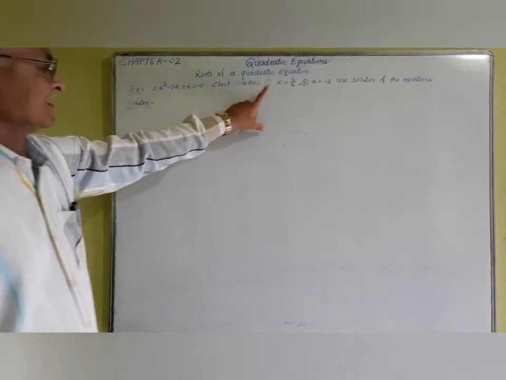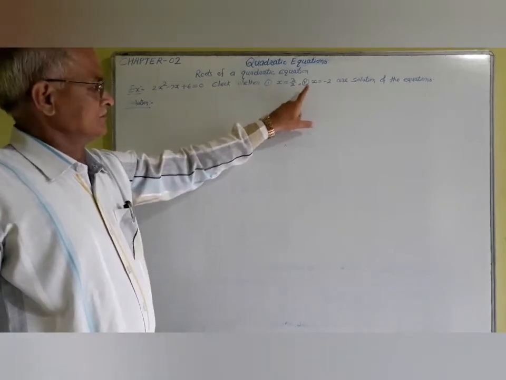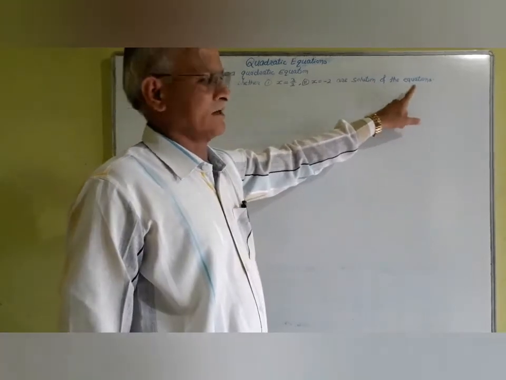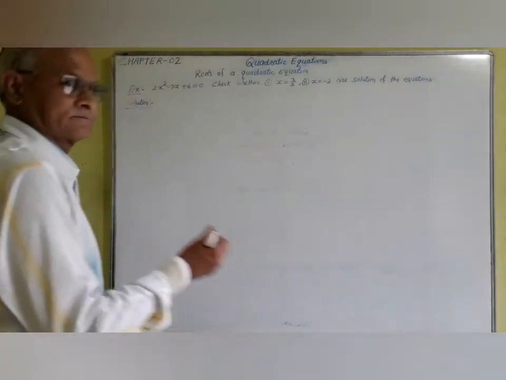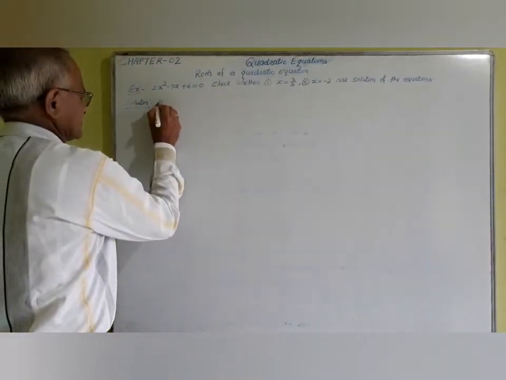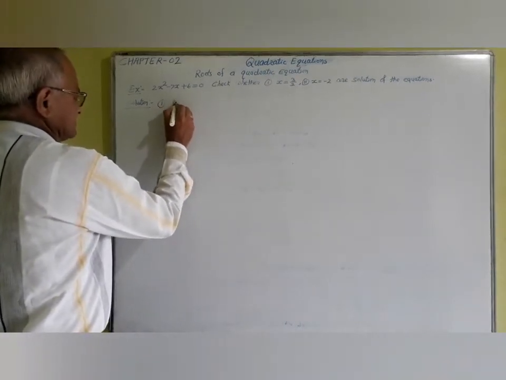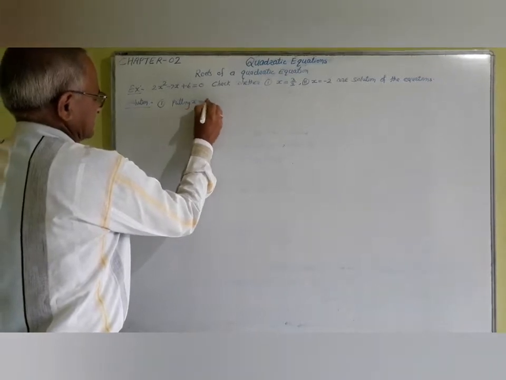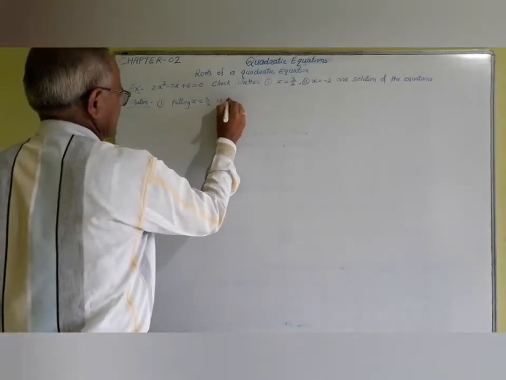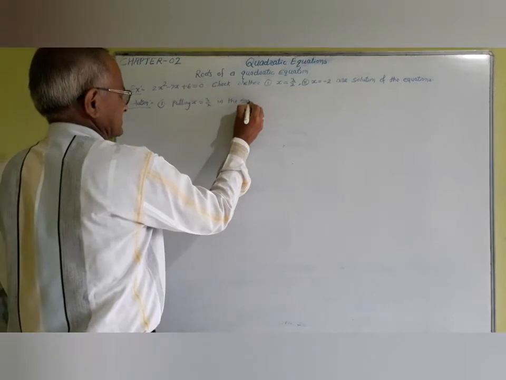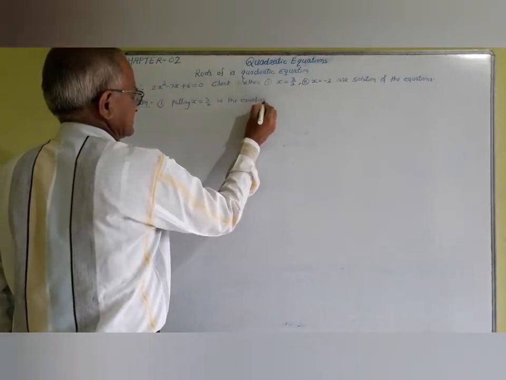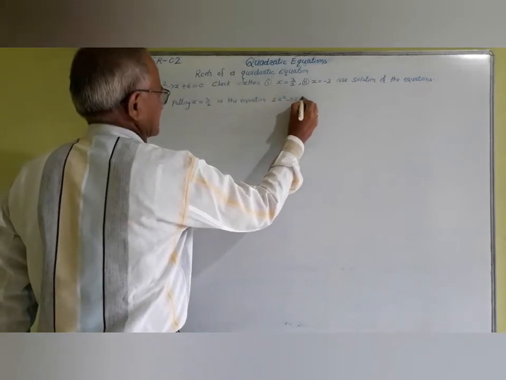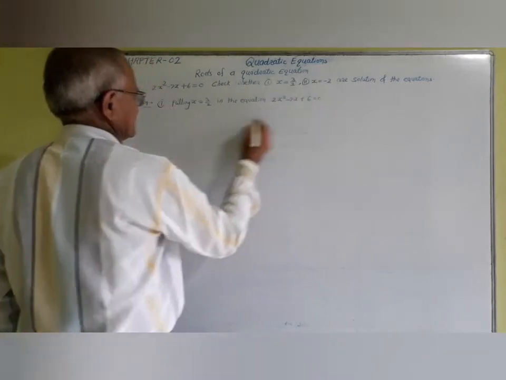2x square minus 7x plus 6 is equal to 0. Check whether x is equal to 3 upon 2 and x is equal to minus 2 are solutions of the equation. Number 1, putting x is equal to 3 upon 2 in the equation 2x square minus 7x plus 6 is equal to 0.